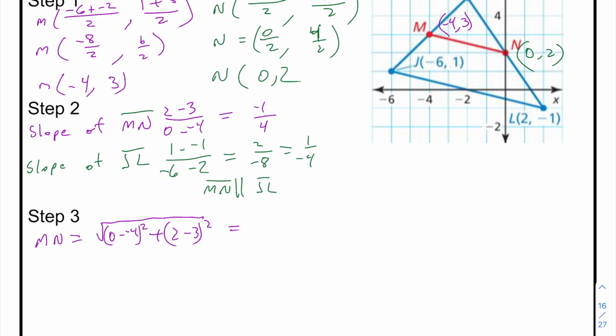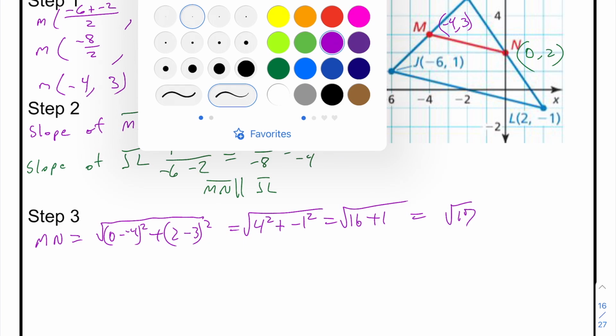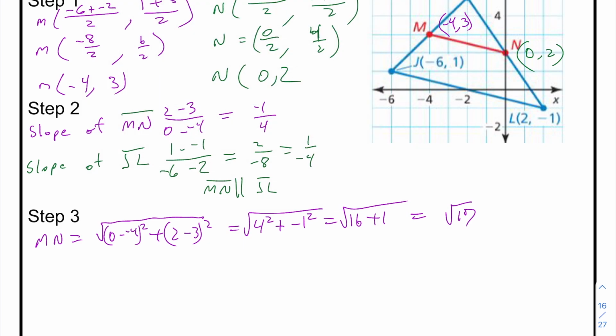And that's going to equal 4 squared plus negative 1 squared. So we get 16 plus 1. Now, since I'm just comparing these to see if we've got the same number or the doubling of a number, I'm going to just leave it like that because that's a number that I can use and compare.